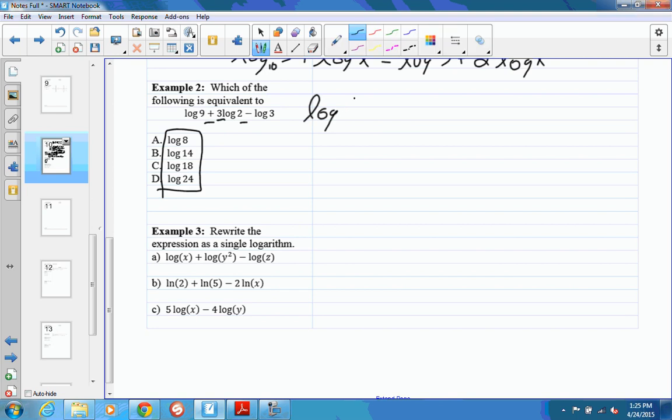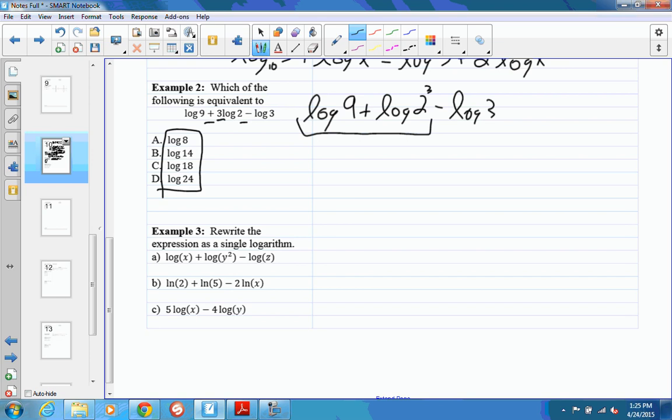So log of 9 plus, Trent gave us log of 8. And the way he got log of 8 is he took the 3 and moved it as an exponent on 2. And 2 cubed is 8. So I'm going to leave it like that, 2 cubed, and we'll change it to 8 in just a minute, minus log of 3.